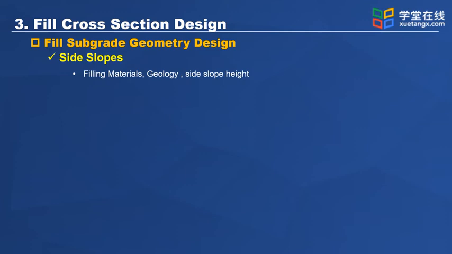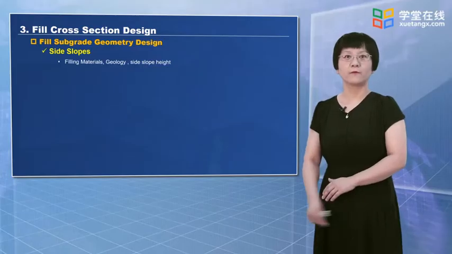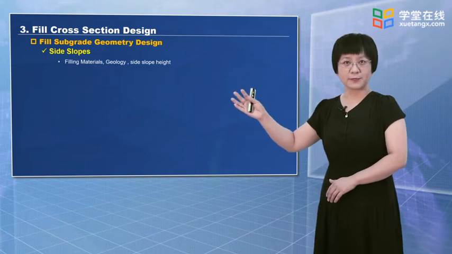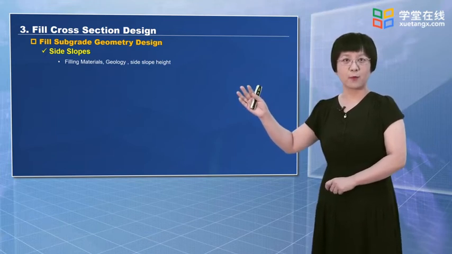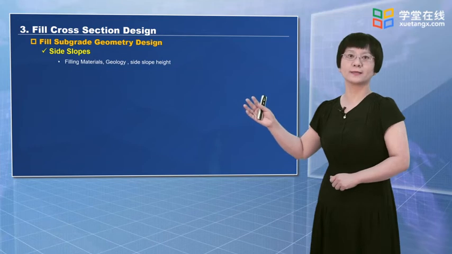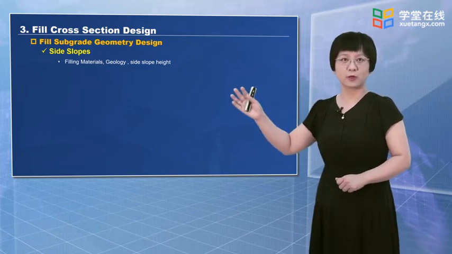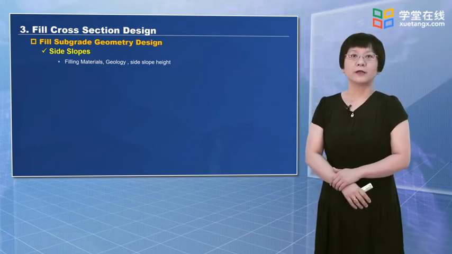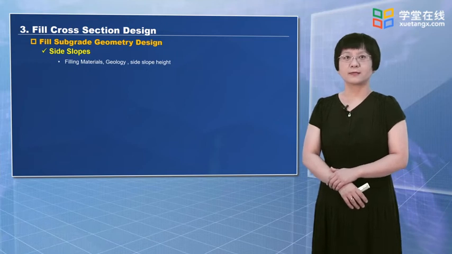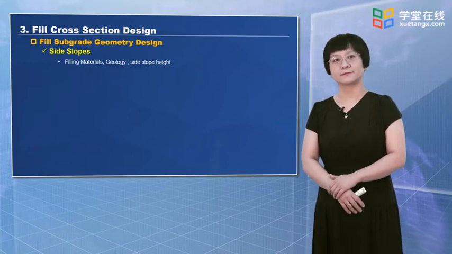For the fill slope, the following three conditions should be considered when one designs. First of all, the slope ratio depends on the property of the slope soils and slope rocks, hydrological conditions, and slope height.